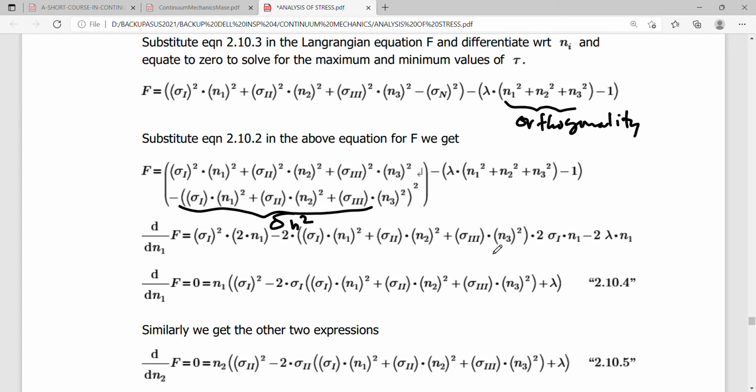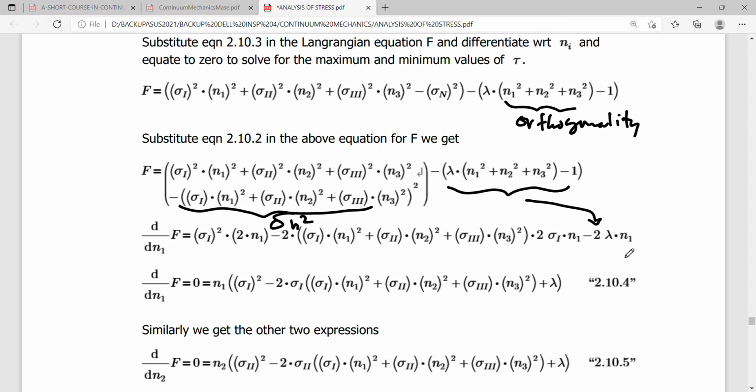And then we'll take the derivative of each and every expression inside the parenthesis that contains the n1 term. So we have here the 2 sigma 1 n1. And then we simply subtract this term here. The derivative of this term is simply a sigma times 2 n1, or equivalent to lambda 2 n1, or equivalent to simply 2 lambda n1.